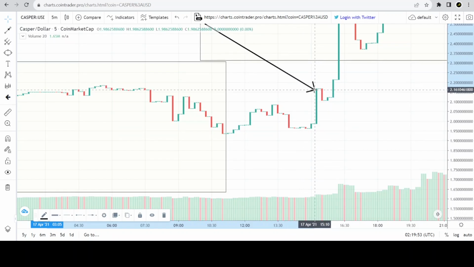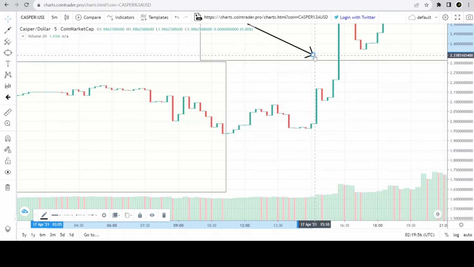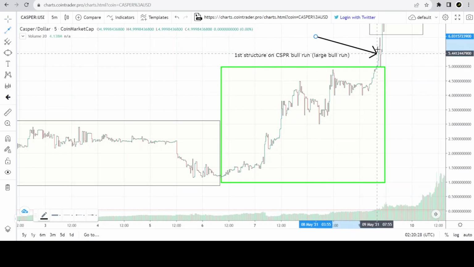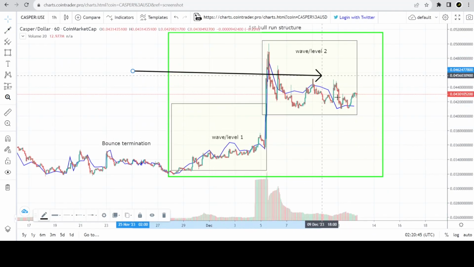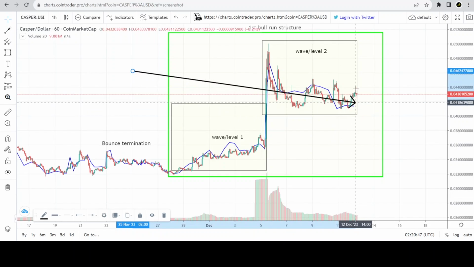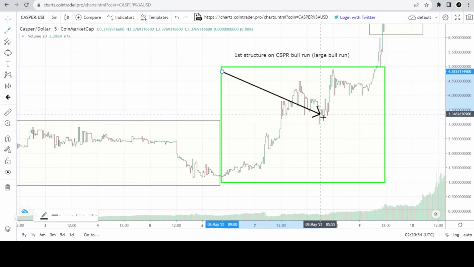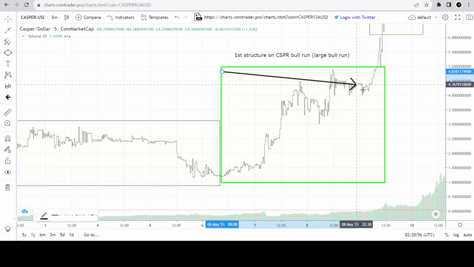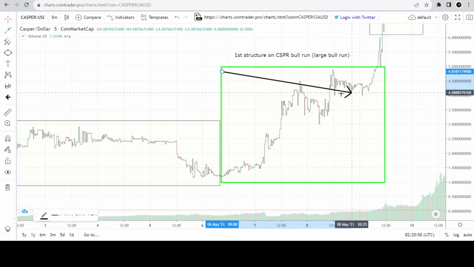There's that little pullback that takes place before entering into the next structure. This pullback right here. So if this one is playing out, we would see price move up again. Similar to this right here, it pulls back into this space and potentially drops even further.